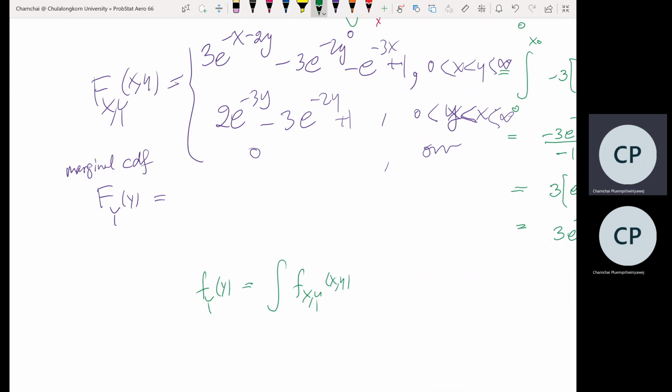We integrate the joint xy dy dx, integrating dx from negative infinity to infinity.